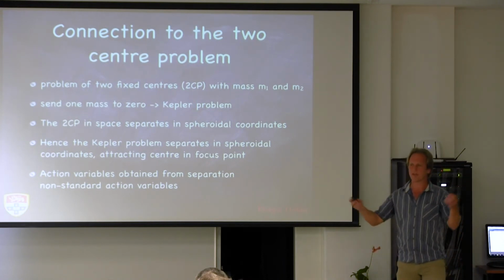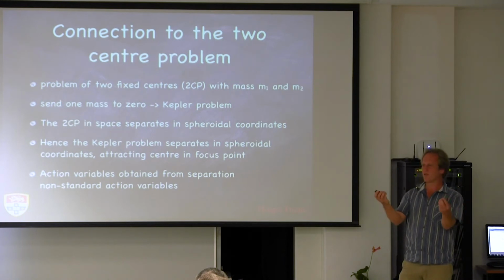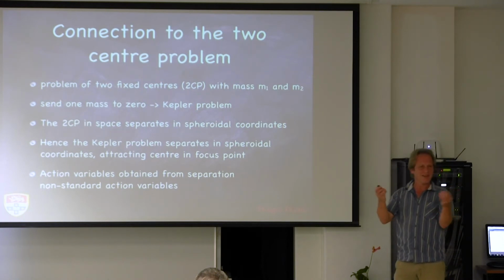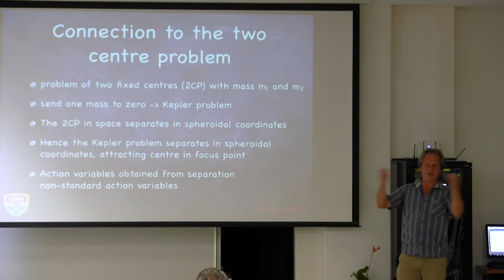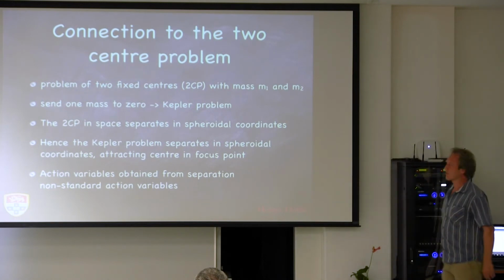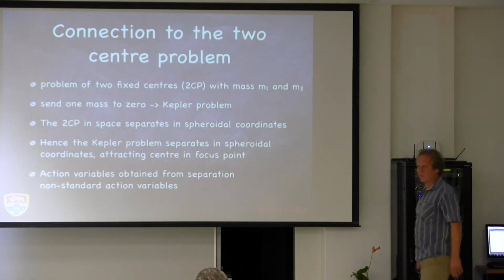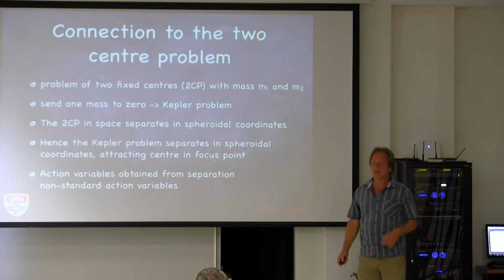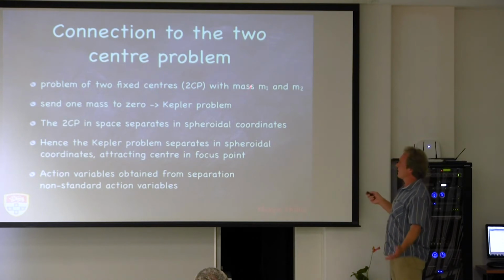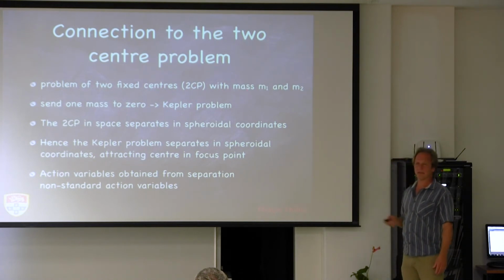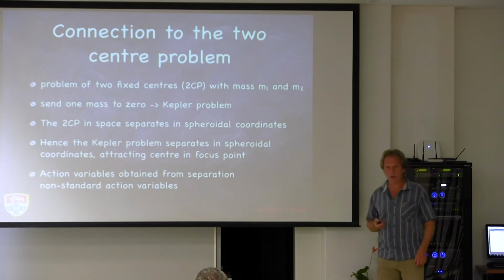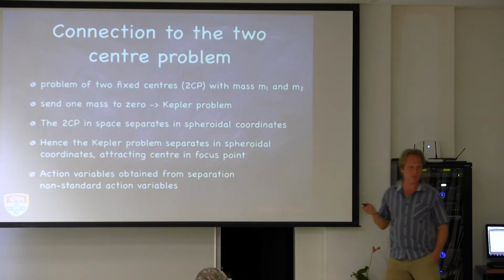So it's not physical in the sense that nothing keeps these two centers from repelling or attracting each other, but they just sit fixed in space. If you have that problem, you can send one of the masses to 0, and then you end up with a Kepler problem. This problem naturally is treated in spheroidal coordinates, because that's the system in which it separates.